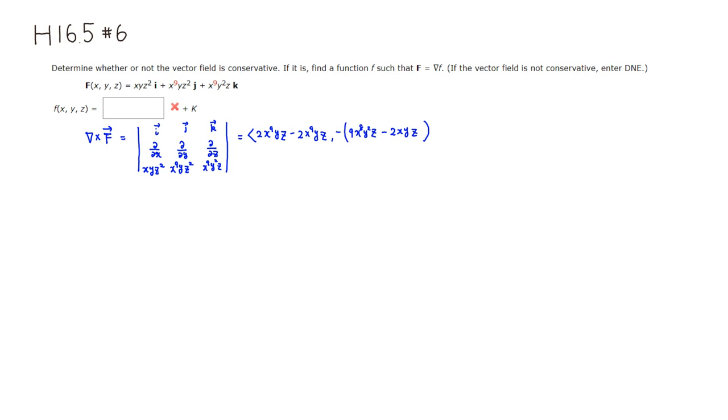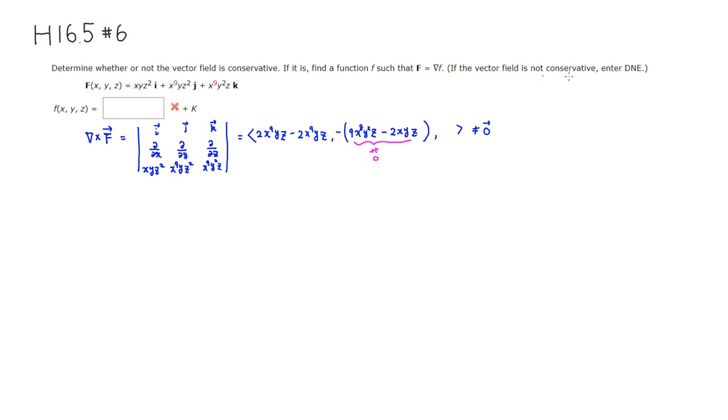You can see that here we have a non-zero component already. So I'm going to skip the rest of the work because I already know that this is not a zero vector, which means that this is not conservative.